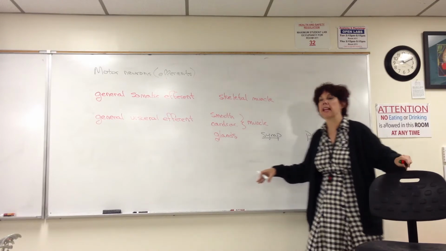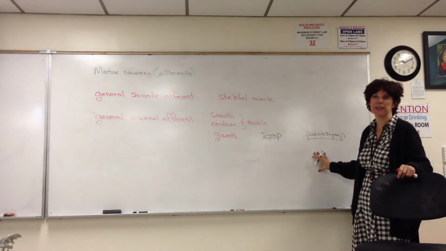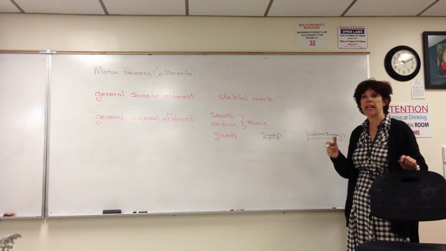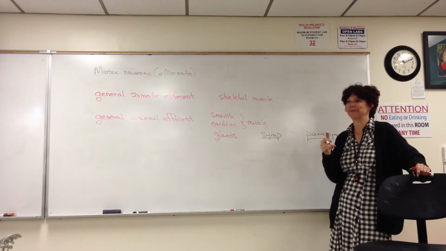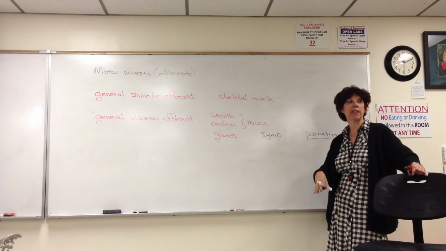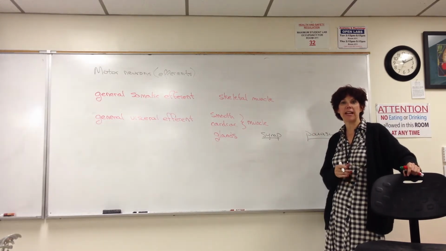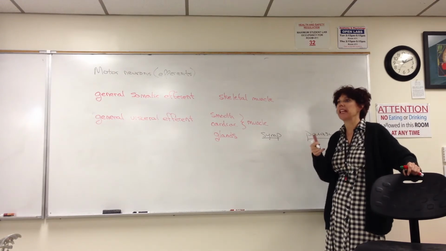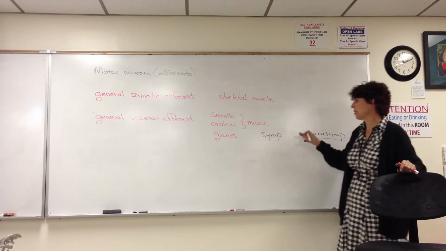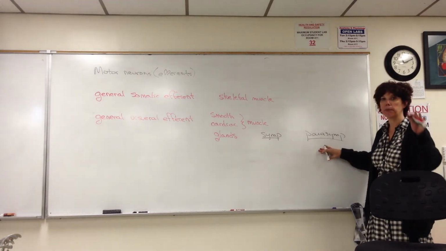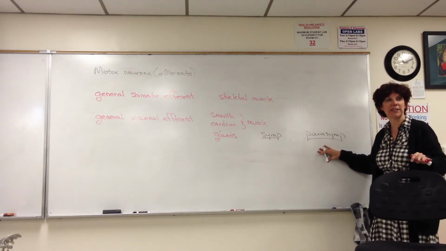Most organs are innervated by both sympathetic and parasympathetic, and they have opposite functions. So sympathetic increases heart rate. Parasympathetic decreases heart rate. Sympathetic decreases your digestive activity. Parasympathetic increases it. So essentially, sympathetic is active during stress, and parasympathetic brings it back to normal body functions.